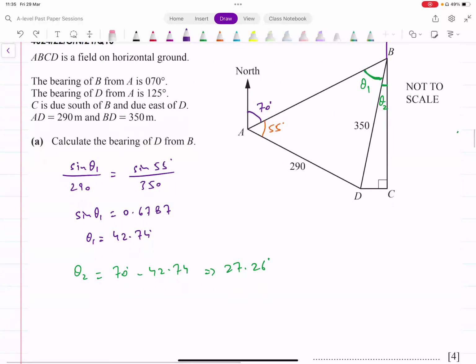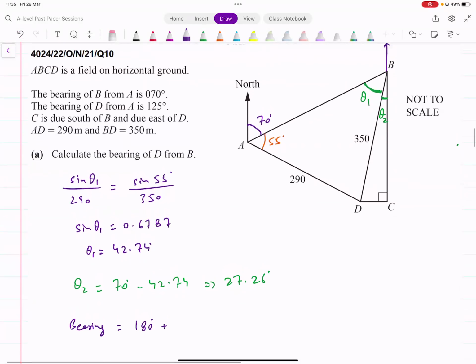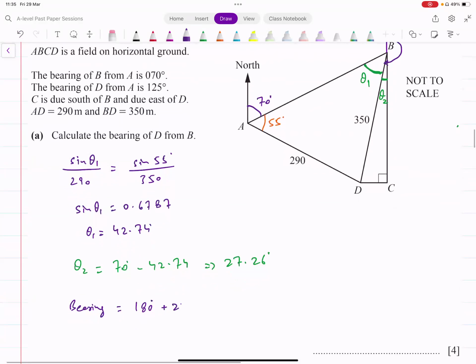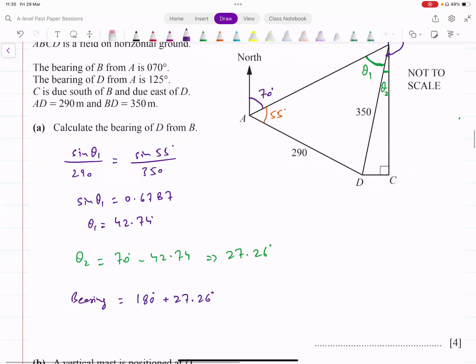So what's the bearing that you're looking for? 180 plus this small angle, which is 27.26, and that's going to give you 207.3 degrees. That's the bearing that we were looking for, 207.3 degrees. Okay, that's what we get from this.